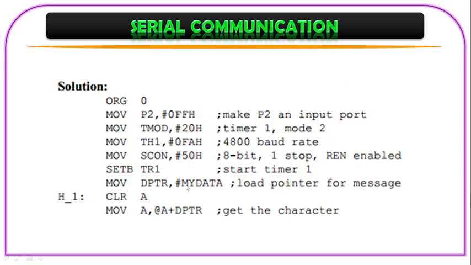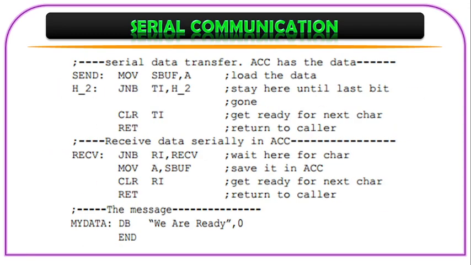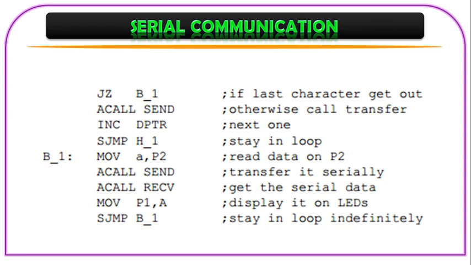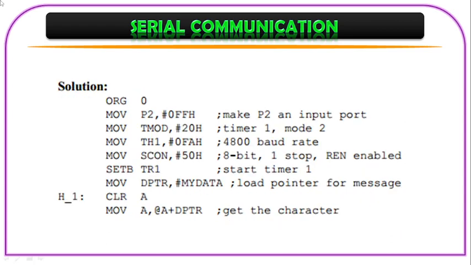So here, the first work is to display "we are ready". Port 2 is an input port, so you are sending FF to this port. It can be configured as an input port by sending 1 to it initially.